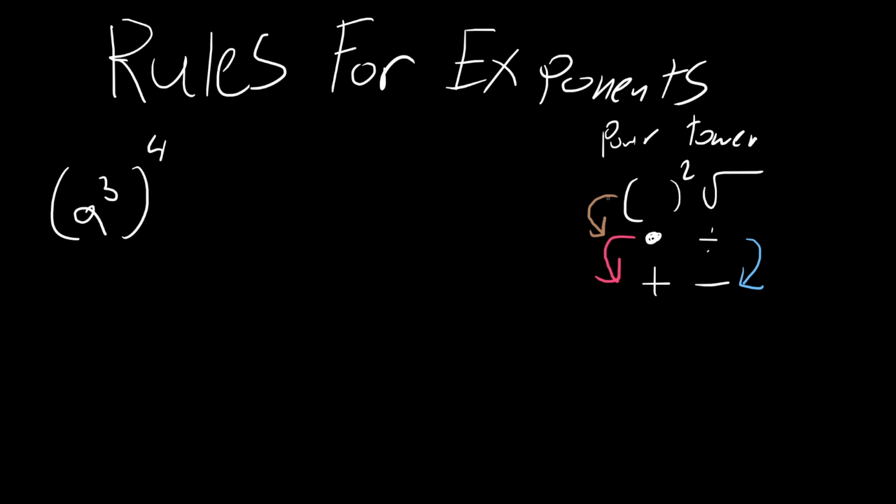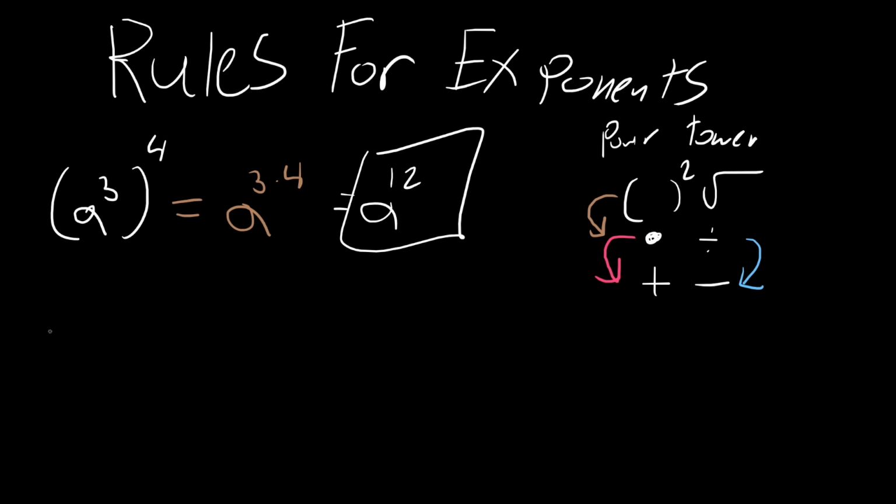Stepping down from the exponent to multiplication, the simpler version of it. So that's going to leave us with a to the 3 times 4. Once again, the base simply sticks around, and then you mess with the exponents according to this power tower. And that is going to give you a value of a to the 12, and that's your answer.